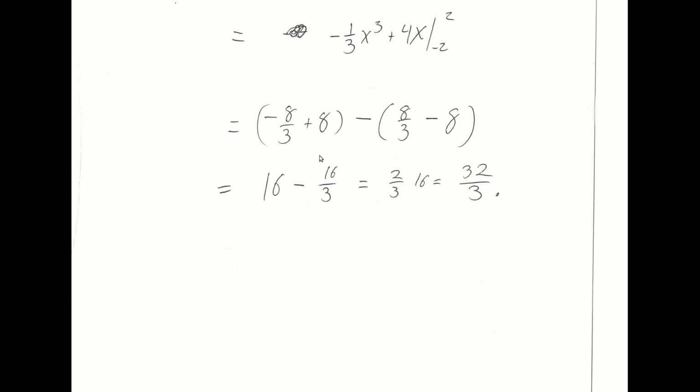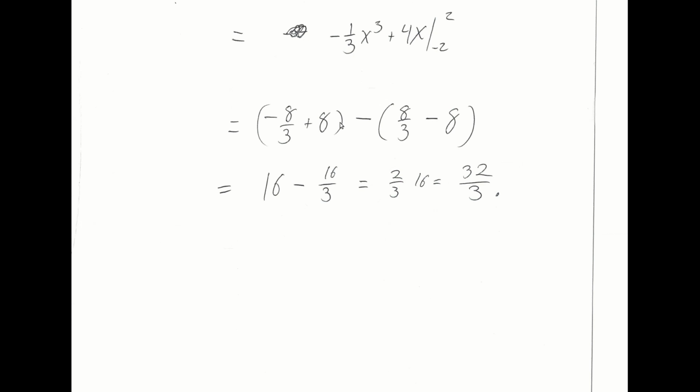I'm plugging in 2 here. 2 cubed is 8, so I get -8 over 3. 4 times 2 is also 8, so I've got a +8 expression here. Minus the same thing at -2, and I'm just getting the opposite of the result I got at 2, since this is in fact an odd polynomial.